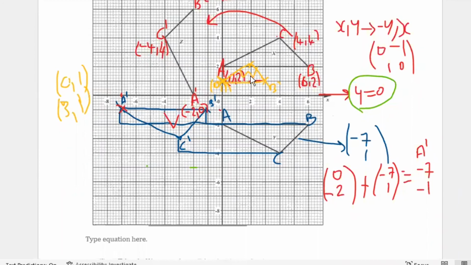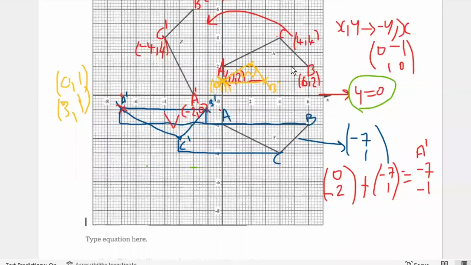But this is it. So your scale factor, remember when you're looking at enlargement in mathematics, doesn't mean that your image will always be larger than the object. It is dependent on what your scale factor is. In this case, our scale factor is a fraction, which is a half, which means that our image is half the size of what our object is.